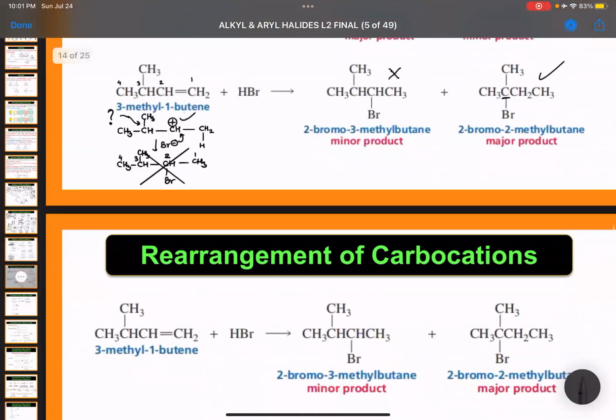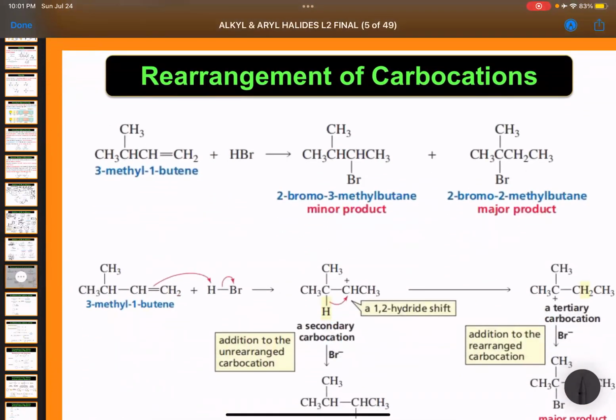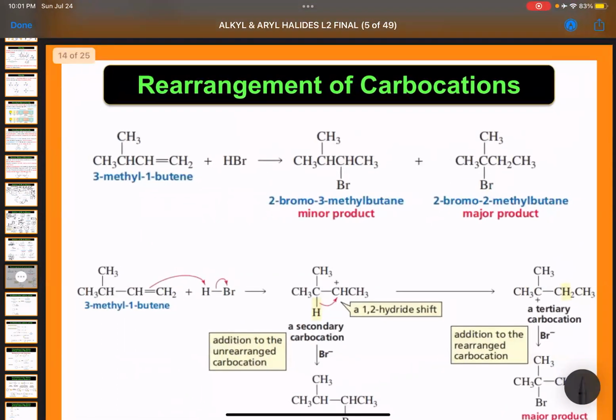What is that important property? Samira, Pavitra, tell me quickly. Yes, it is rearrangement of carbocations.